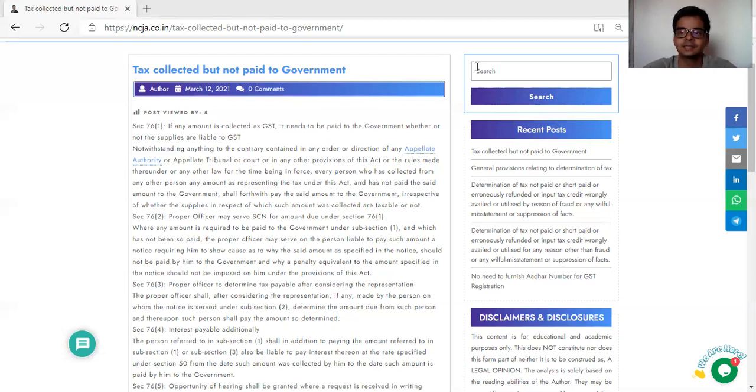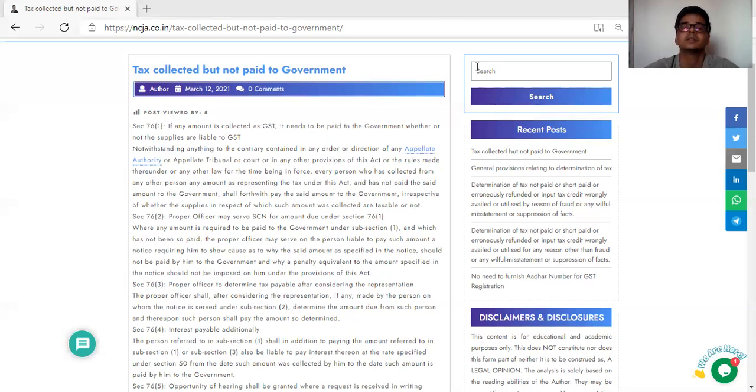Section 76 tells me that notwithstanding anything to the contrary in any order, if you have collected GST from your customer, it has to be compulsorily deposited to the account of the government.